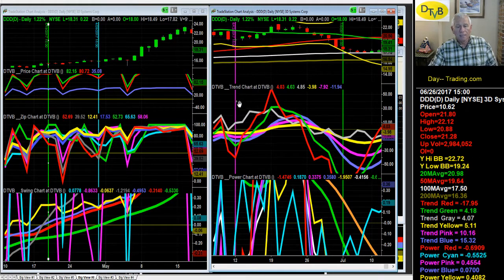The pink vertical line is on the one day after the red crosses under the green, which makes it a one-day spike touch.